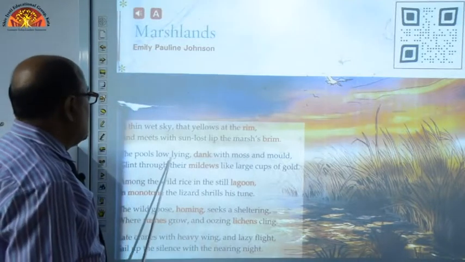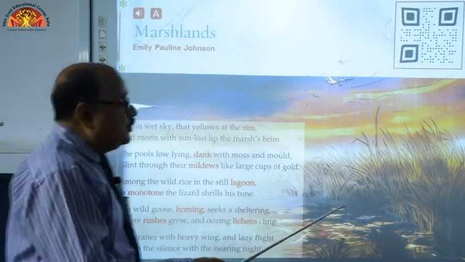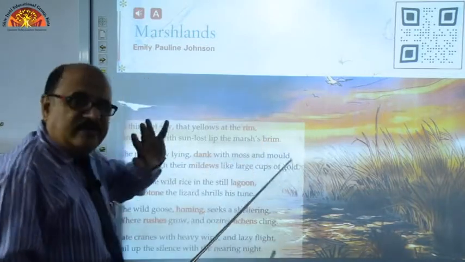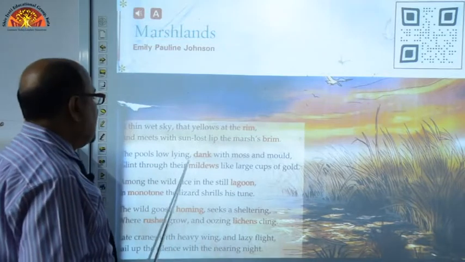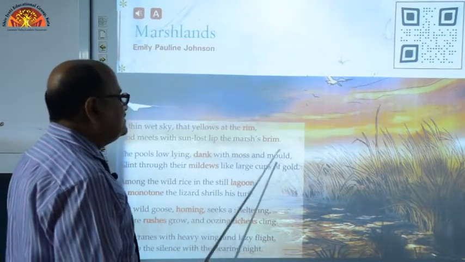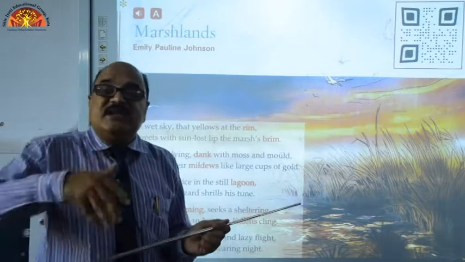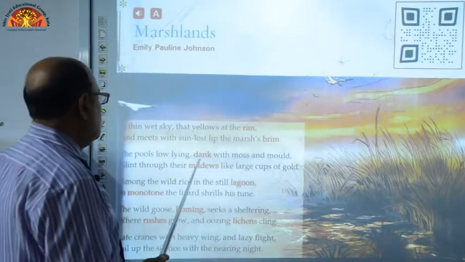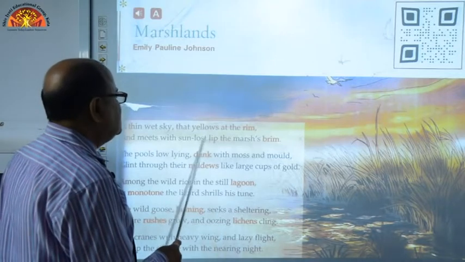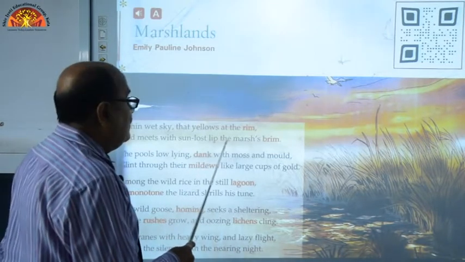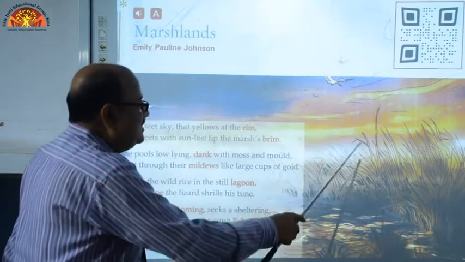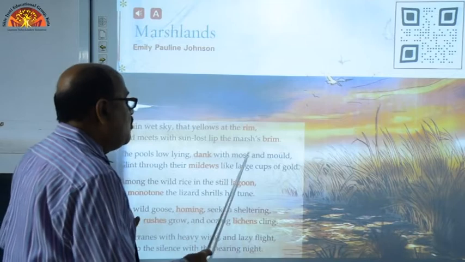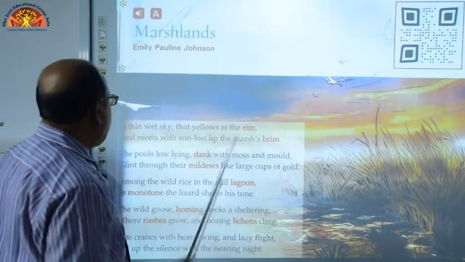The pool is low lying piece of land, right, comparatively low lying, dank with moss and mould. Dank means dampened, means wet, right, and sun lost lip I told you, and it means the sky is trying to meet this piece of land, and dank means dampened, wet with moss and mould, right.